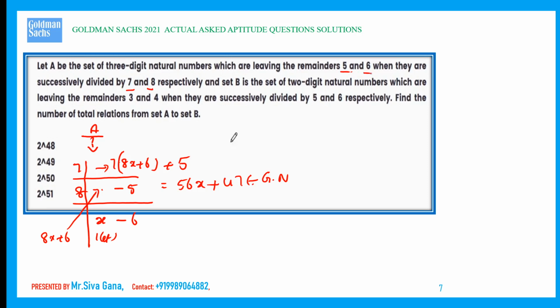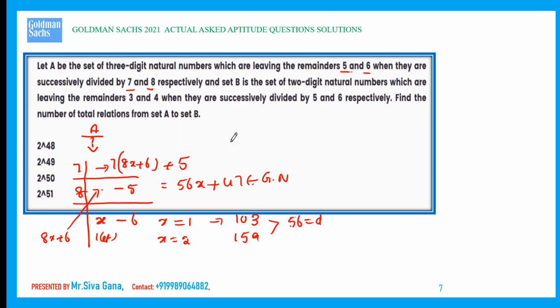Now set A numbers are three-digit numbers. If x is equal to 1, what is the first number? 56 plus 47, which is nothing but 103. For x equal to 2, 56 into 2 is 112 plus 47, which is 159. This difference is 56, which is the common difference.